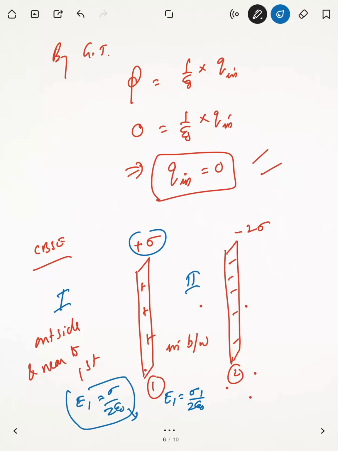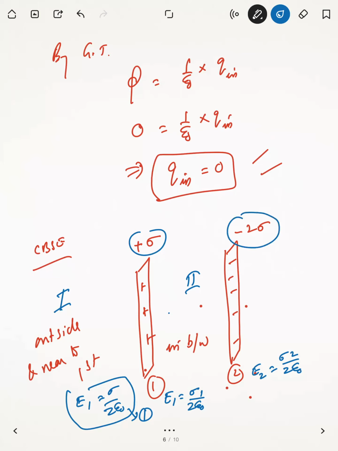The first sheet produces this electric field value, and it is the same at any point, in the first region, second region, third region. What is the magnitude of the electric field by the second one? Electric field due to the second one is given by sigma 2 divided by 2 epsilon 0. What is sigma 2 here? We write only the magnitude. Of course, you see a minus sign here.